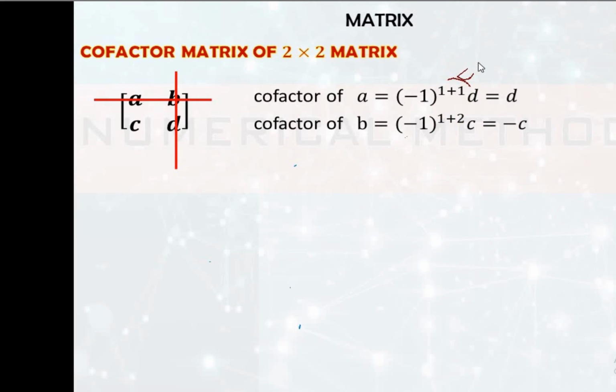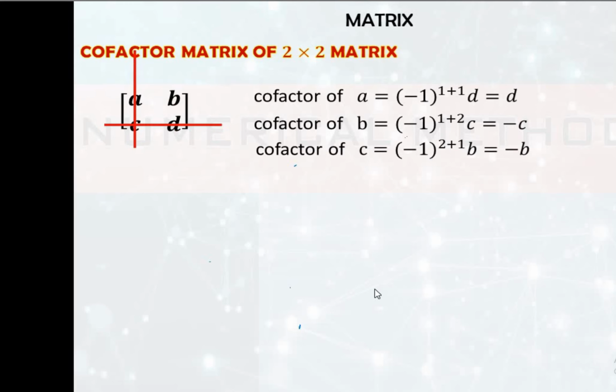Okay? Kung gusto ko naman kunin yung cofactor ni C, ililipat ko ulit yung aking pivot. So, for the cofactor of C is negative 1 raised to 2 plus 1 times B. Again, yung aking C ay nasa row 2, column 1. So, the cofactor of B, that is equal to negative 1 raised to 2 plus 2 multiplied by A. Ang location ng aking element B ay nasa row 2, column 2.